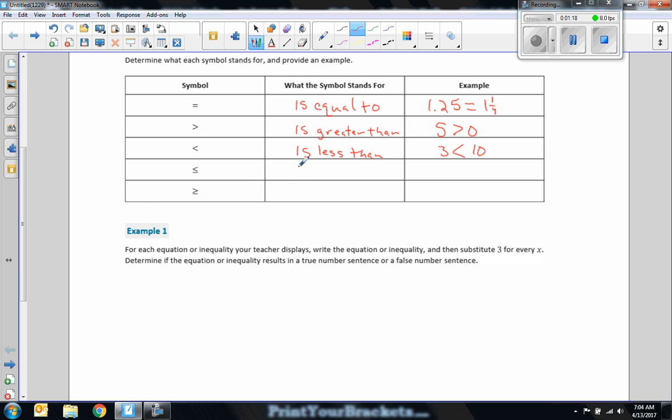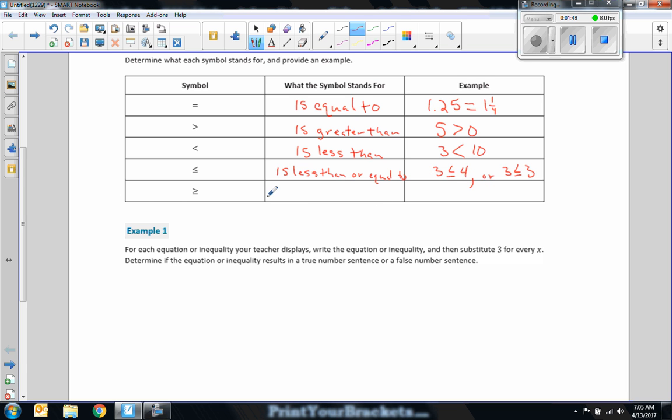This symbol here is less than or equal to. So an example could be 3 is less than or equal to 4, which is true, or 3 is less than or equal to 3. So this is true as well because of that equal sign. 3 equals 3, that's true. 3 is less than 4, this one's true.